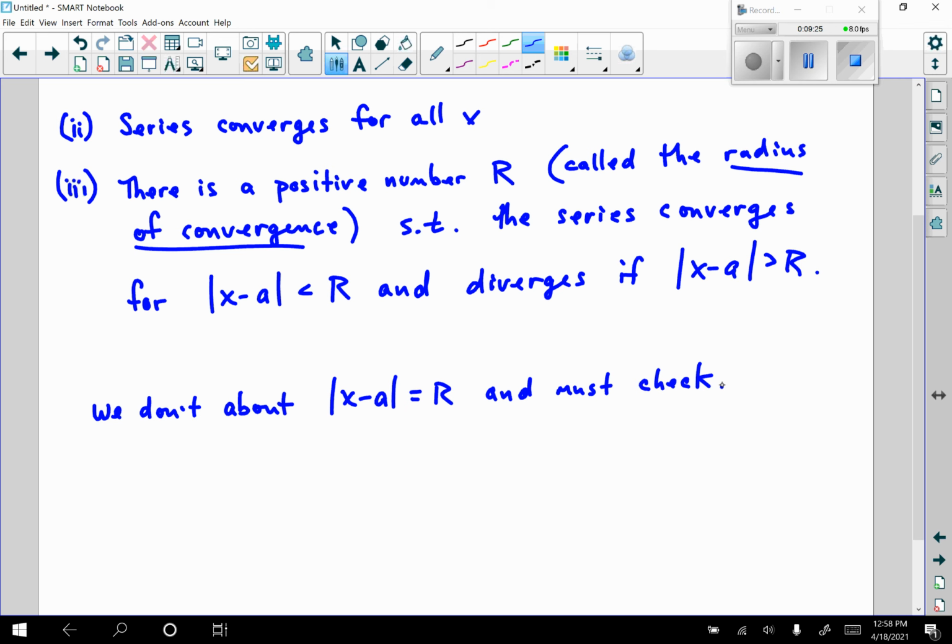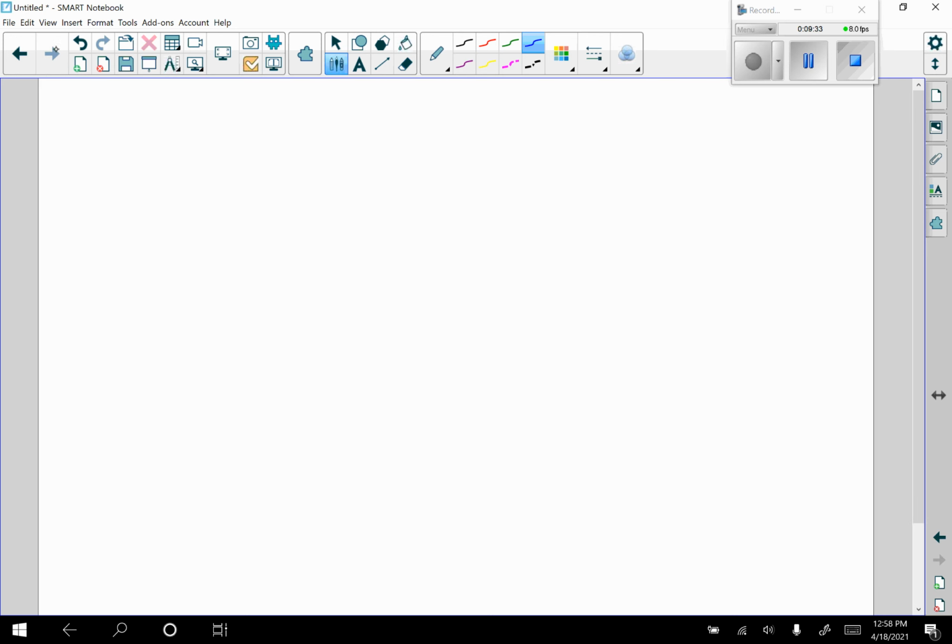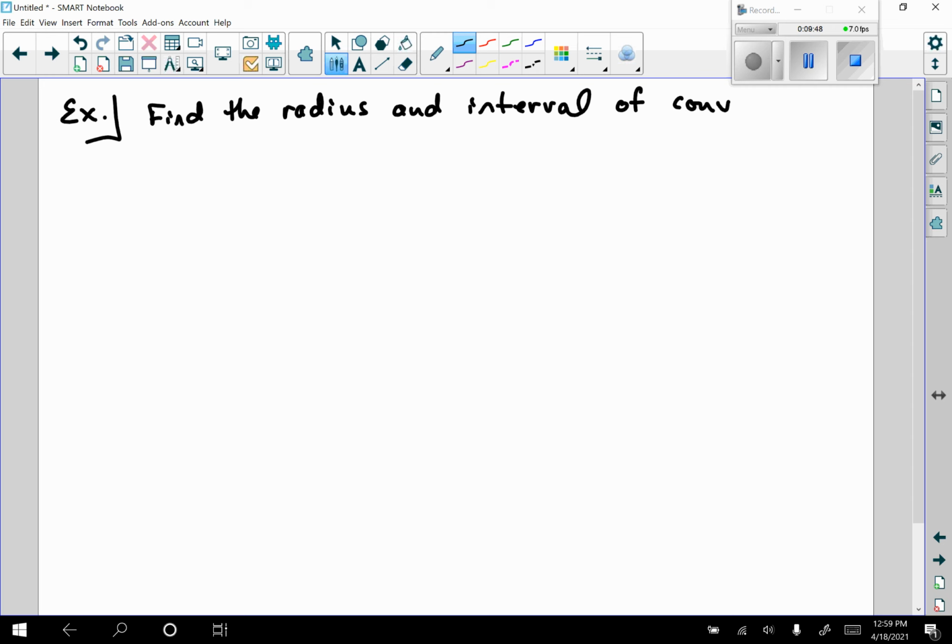So we're going to take a look at about 3 examples here. Let's find the radius and interval of convergence for the power series that'll be given here.